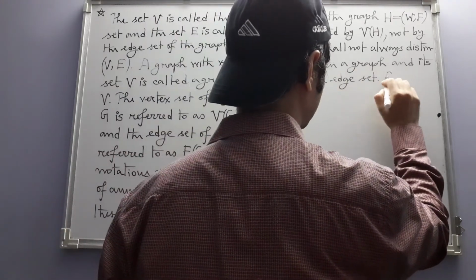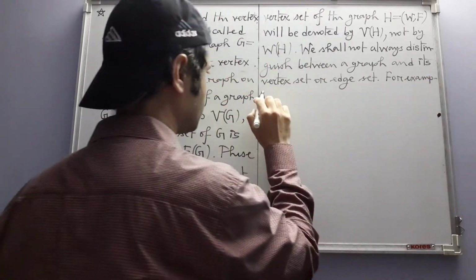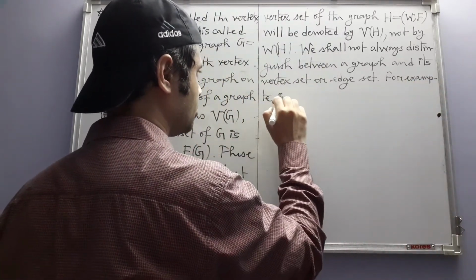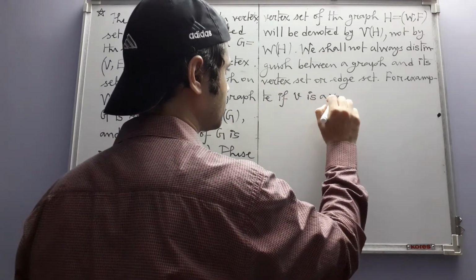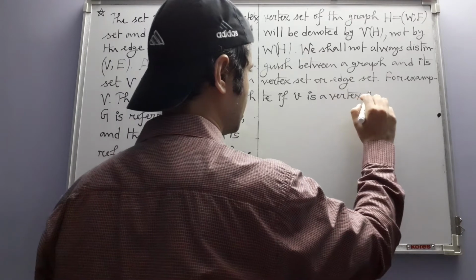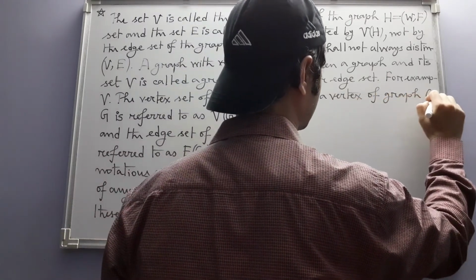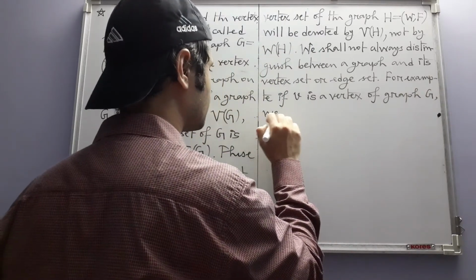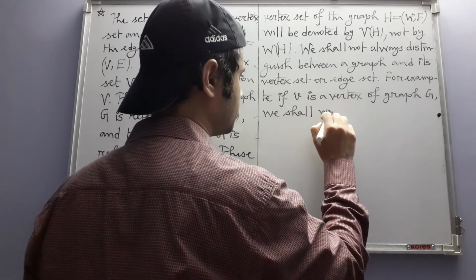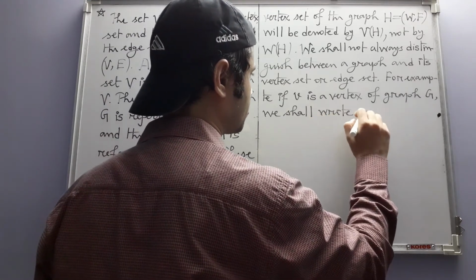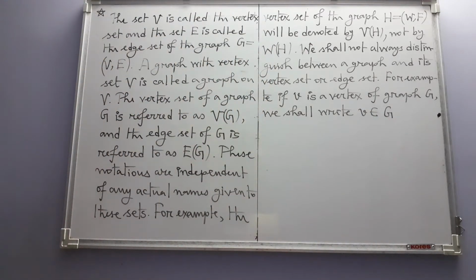For example, if v is a vertex of graph G, we shall write v belonging to G to express this fact.